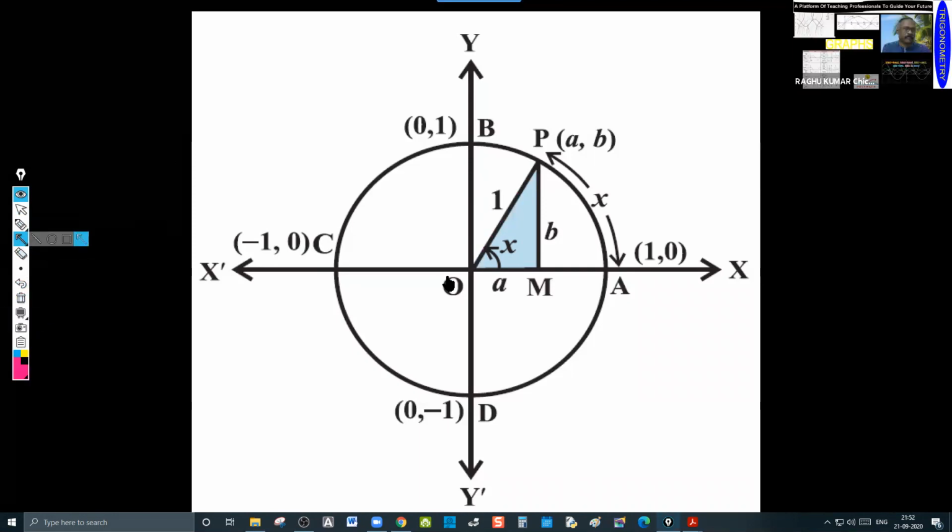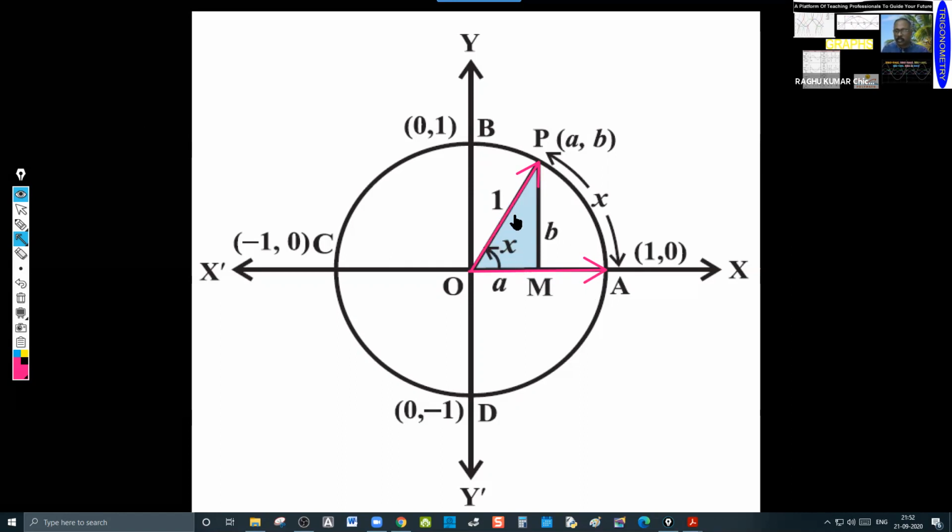So I'm just mentioning this one as OP, as a ray. Now, if I mention this as OA as a ray, what is the angle between OA and OP? That's what I'm asking you. X. It is given to be X here.